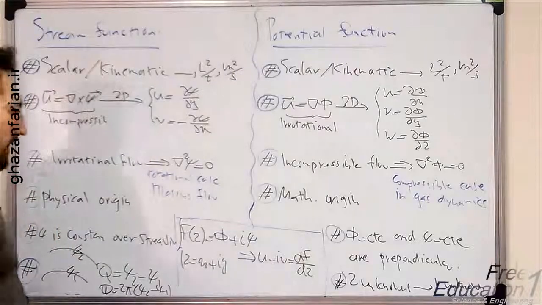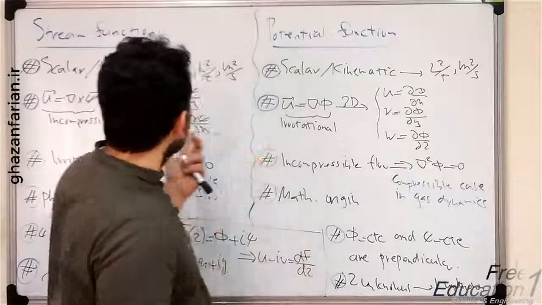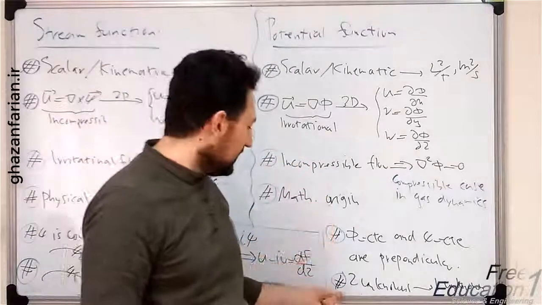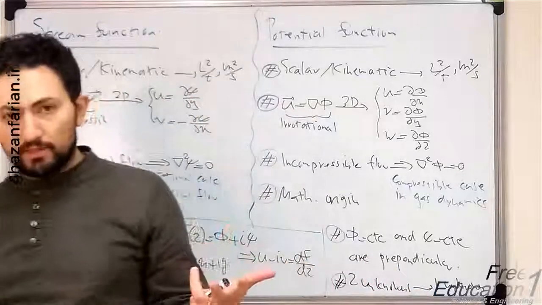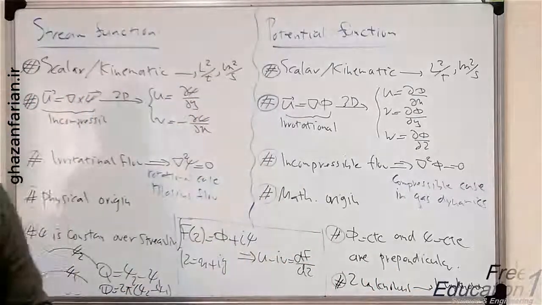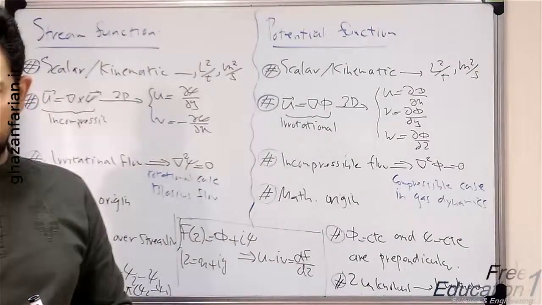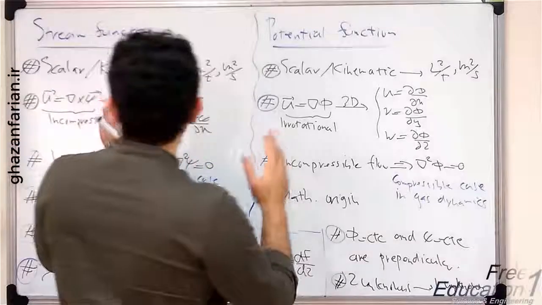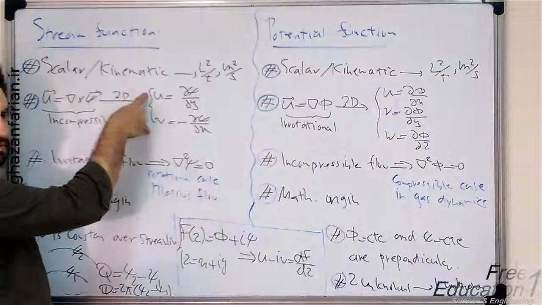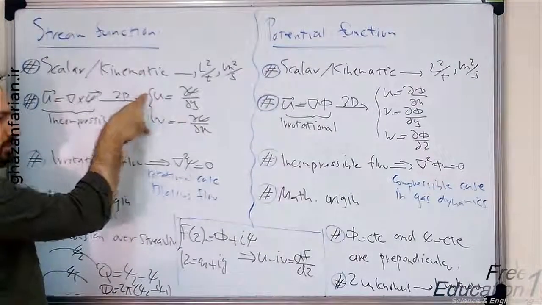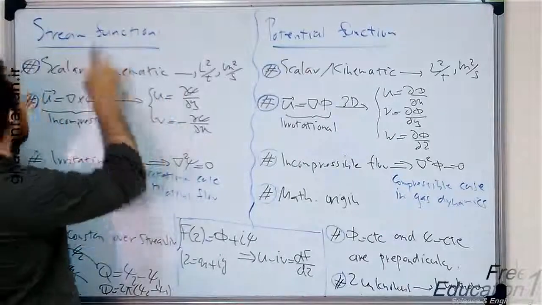And finally, the other characteristic of these two important scalar functions is that we use them to simplify the solution procedure. If we use the velocity directly, you know the velocity is the key parameter in fluid mechanics, but using these two definitions, instead of computing two unknowns, which are the velocity components, you can compute only one unknown, which is the stream function.